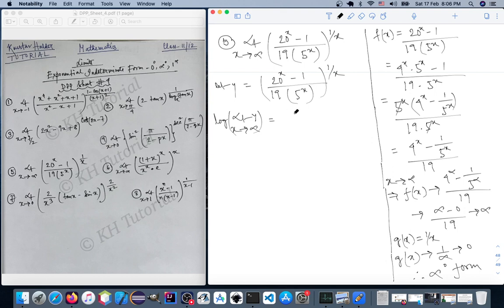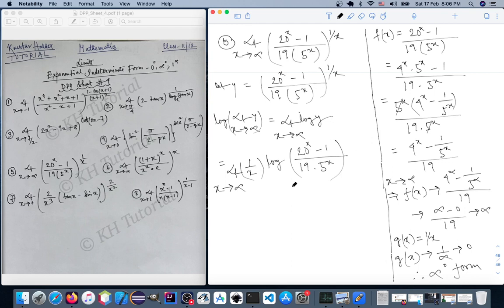We bring the log inside and we get this, log of y becomes this.